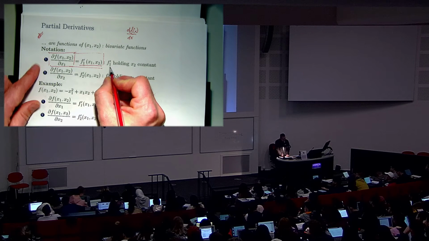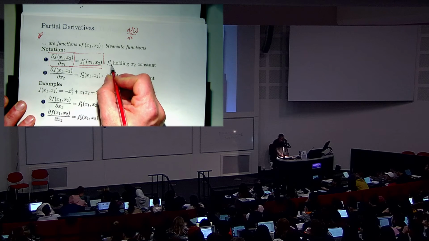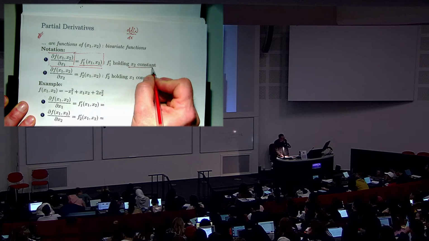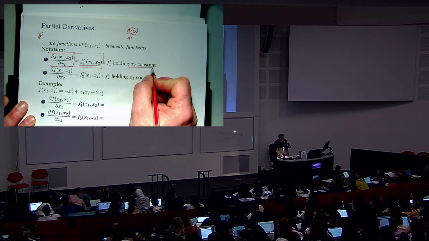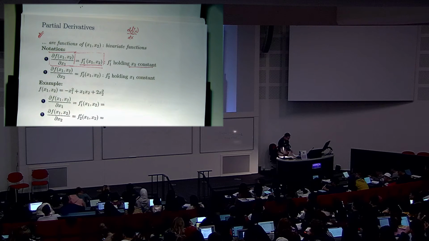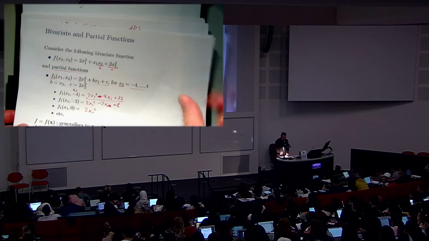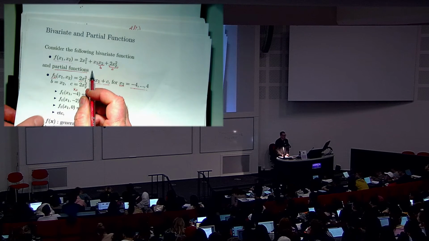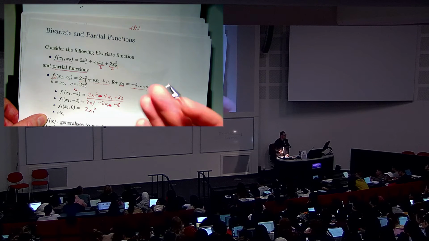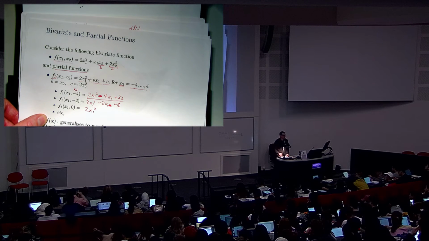Basically what we are saying is, let's find the derivative of our function with respect to x1, but holding x2 constant. In our mind we'll be doing exactly the same trick as for the partial function. We are setting x2 to just some constant value and ignoring it when we calculate the derivatives.